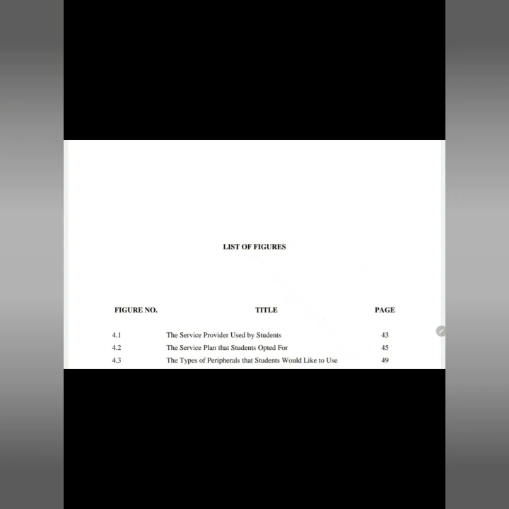For example, here the figure number 4.1. What does it mean here? It means 4 means this figure is in chapter 4 and this is the first in the chapter. So if the figure is in chapter 3, you'll have to write it 3 dot, and if it is, for example, number 10th, you will see it as 3.10. That will be the figure number.